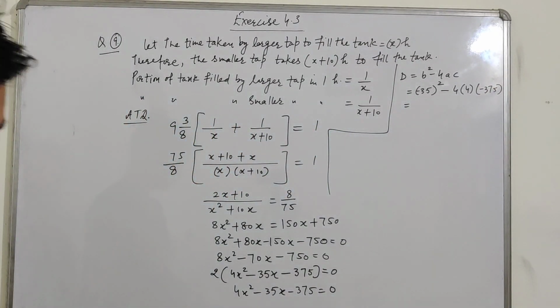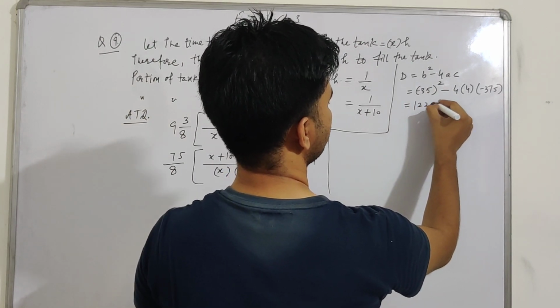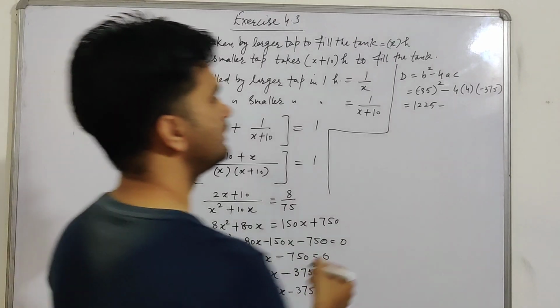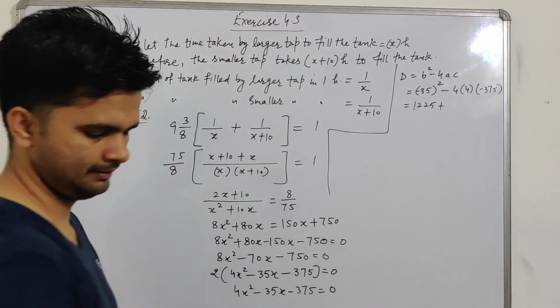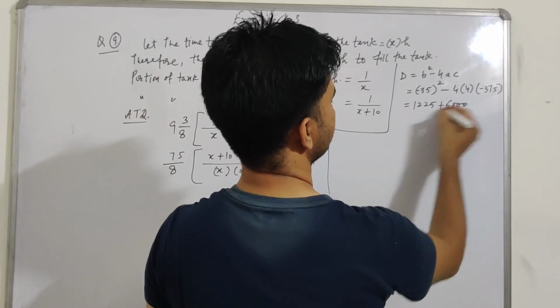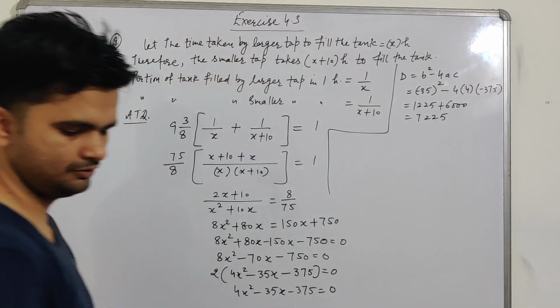Now square of 35 is 1225. 4 into 4 is 16, and 16 into 375 is 6000. So this will become 7225.